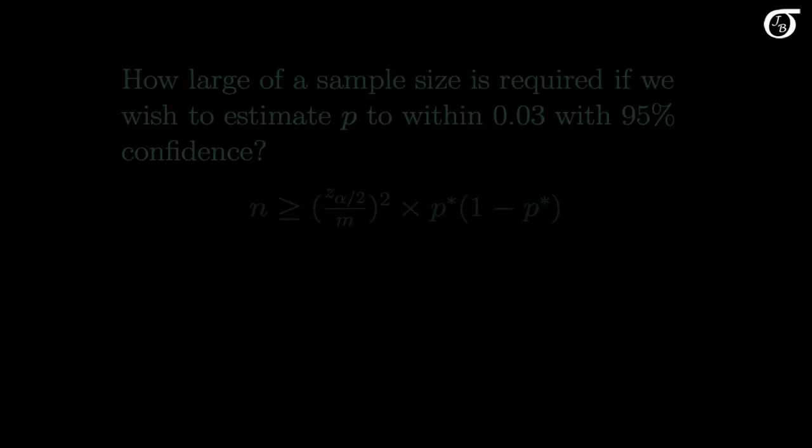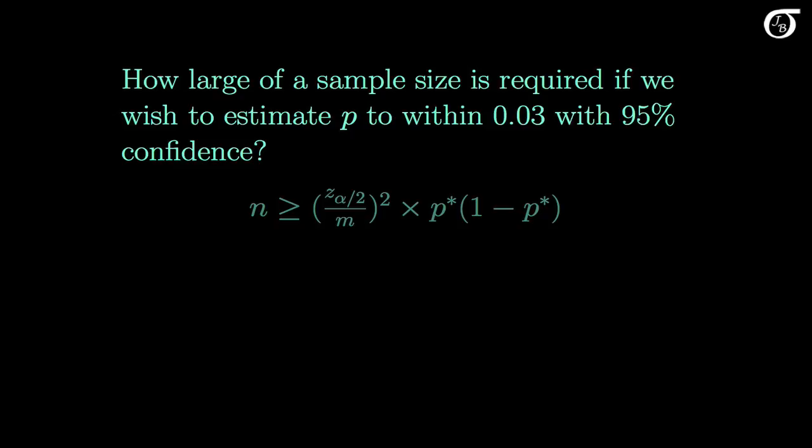Suppose we wish to estimate the proportion of adults in Ontario that are in favor of harsher penalties for drug offenses. This proportion is the parameter p, and we're trying to estimate p. How large of a sample size is required if we wish to estimate p to within 0.03 with 95% confidence?